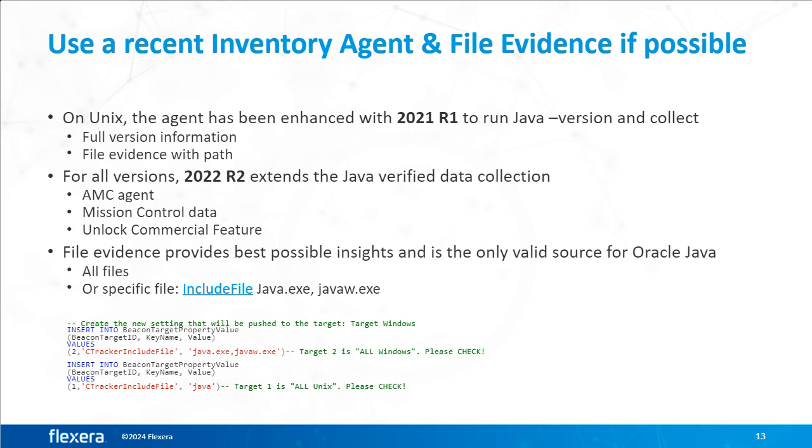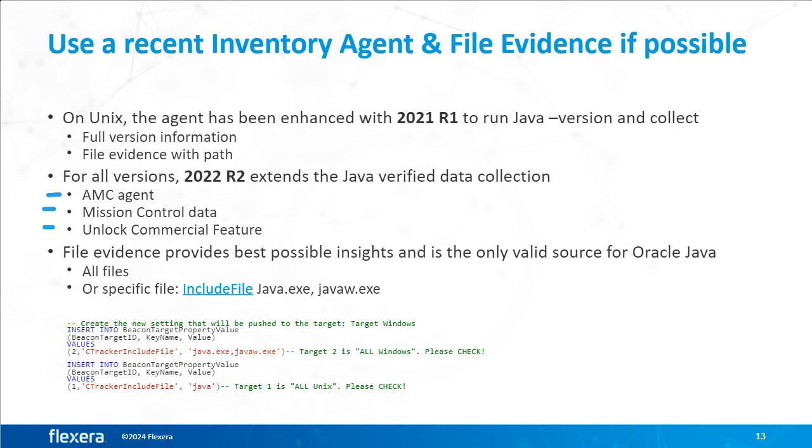And this agent version then collects also additional data points for commercial relevant features in Java. So three ones here: AMC, Mission Control, or the unlock commercial feature capability. So this is relevant for older versions, or the non-mandatory commercial ones, where you then need subscriptions for commercial features, right? And this is part of the verification.